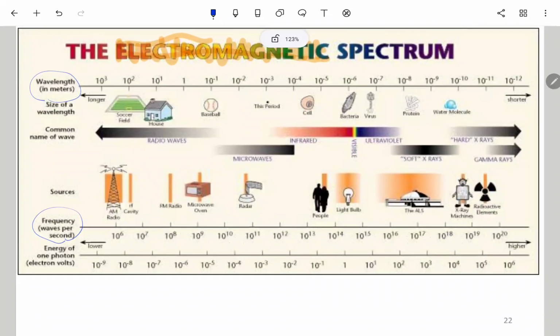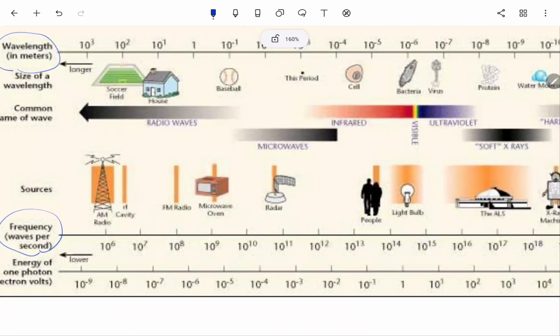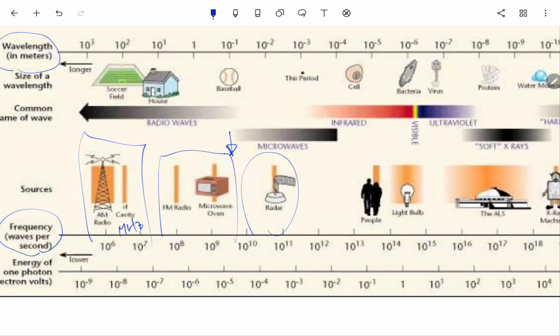Okay, so starting from very low frequency, here is around a megahertz level, and then the FM radio, hundreds of megahertz, and then up to here will be something like the microwave. Around here we use it for communication, like 3G, 4G, 5G, or maybe Wi-Fi.